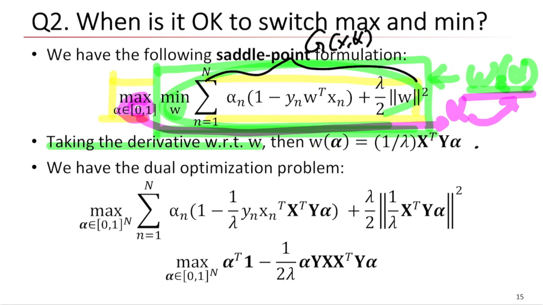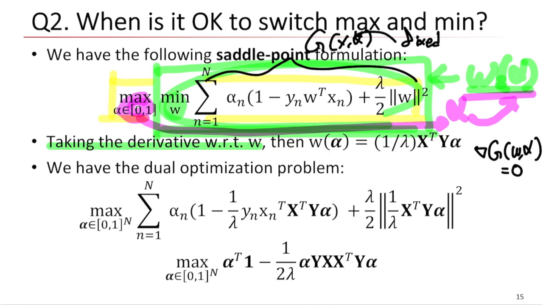And alpha was fixed. Then in this case, we can solve the derivative of g(W, alpha), then find the W when this derivative is equal to 0, right?